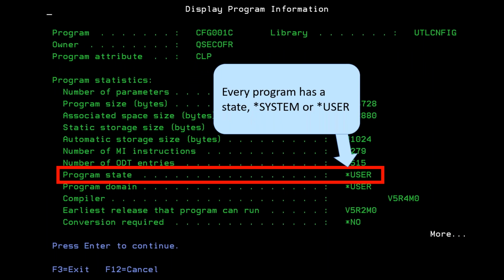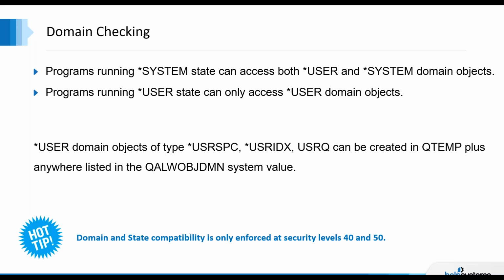You'll see that the program state here is star user as opposed to star system. That's important because what we recognize is that system state programs can access objects that are in either the user or the system state. In other words, the OS can do whatever it wants. However, programs that were created outside of the OS, which are running in user state, are only permitted to access user domain objects. So we have a protection mechanism inherently in IBM that is unique to our operating system.